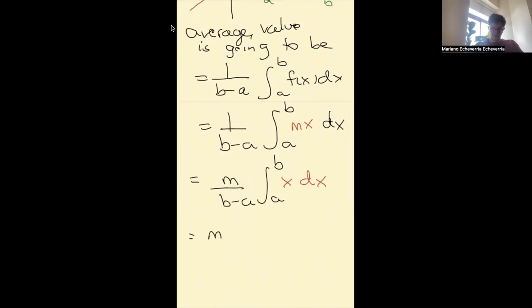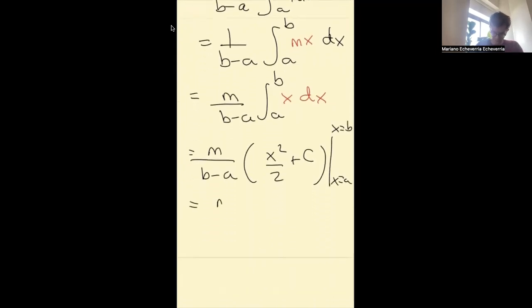And this gives you x squared over 2 plus a constant evaluated at x equals a and x equals b. So again, the constants of integration cancel out, so you get b squared over 2 minus a squared over 2, right?